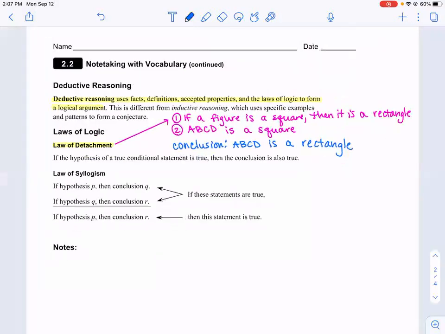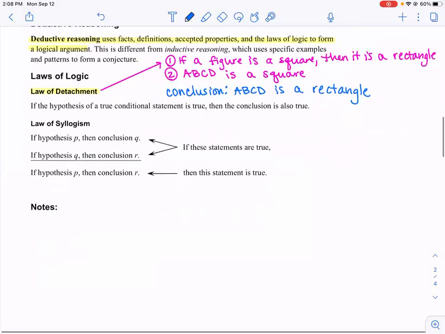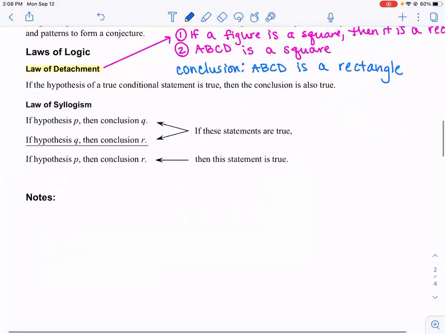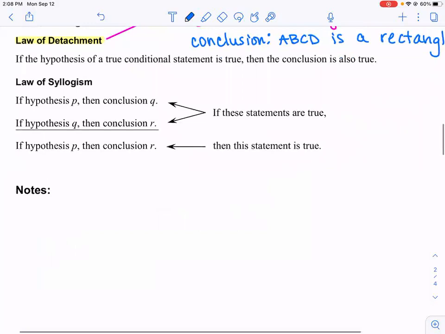Okay. Then, Tyler, what are you doing? The law of syllogism. This is a fun one. This is what I like to think of as the transitive property for logic. You don't know what the transitive property is?